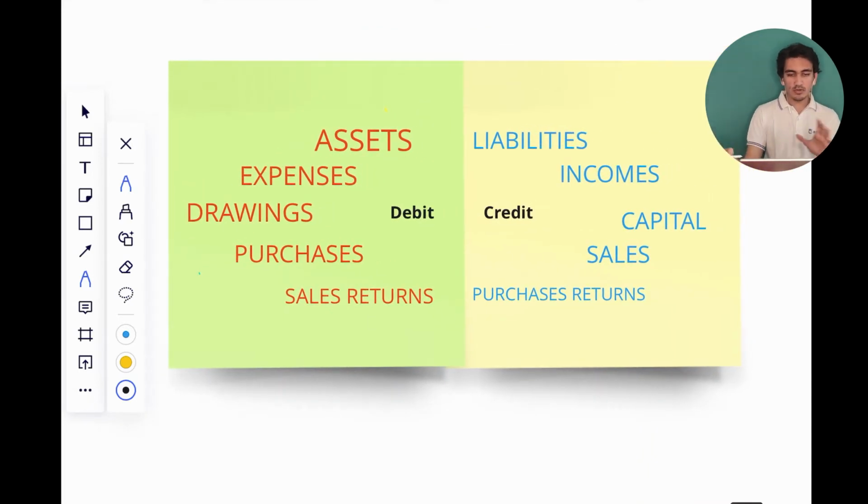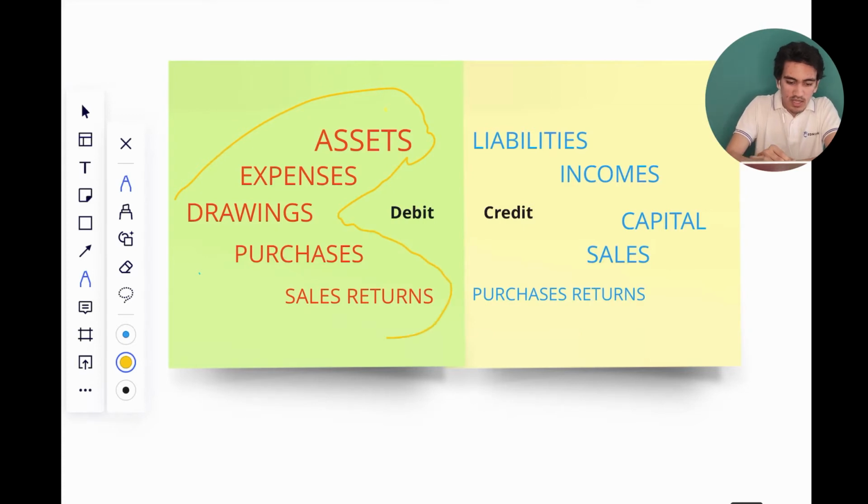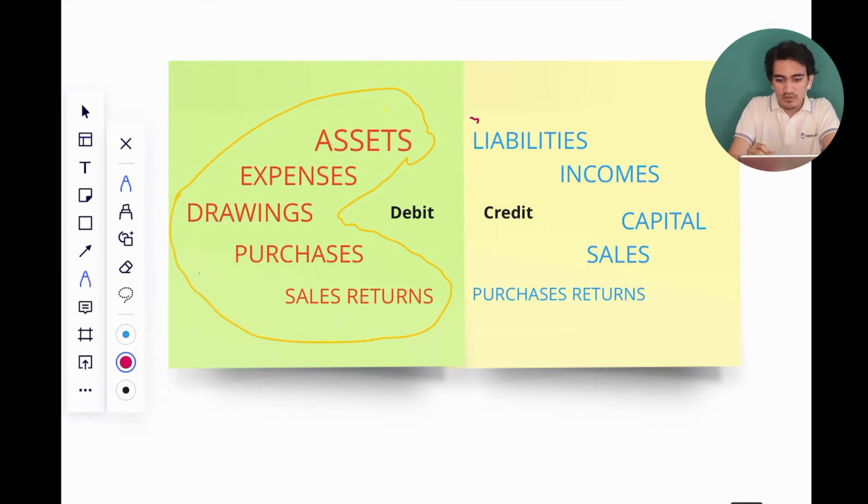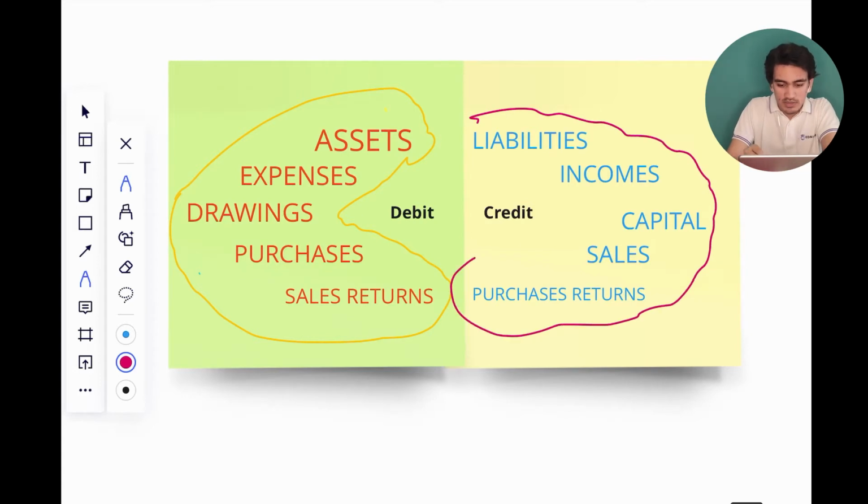Over here I made a note of all the different classes of accounts and whether they have a debit or a credit balance. On the left hand side I have assets, expenses, drawings, purchases and sales returns. All these kinds of ledgers have a debit balance. On the other hand, all of these kinds of ledgers, liabilities, incomes, capital, sales and purchase returns, have a credit balance.